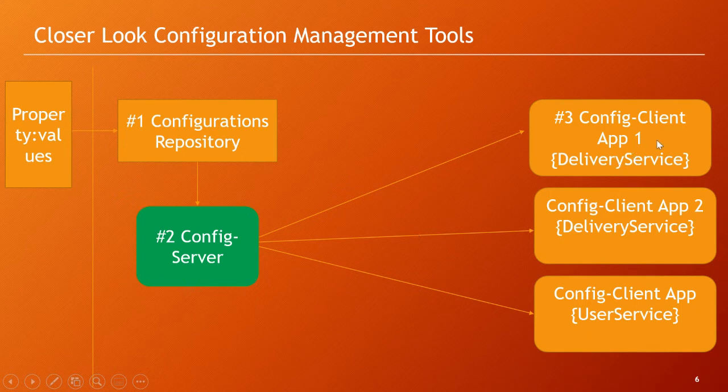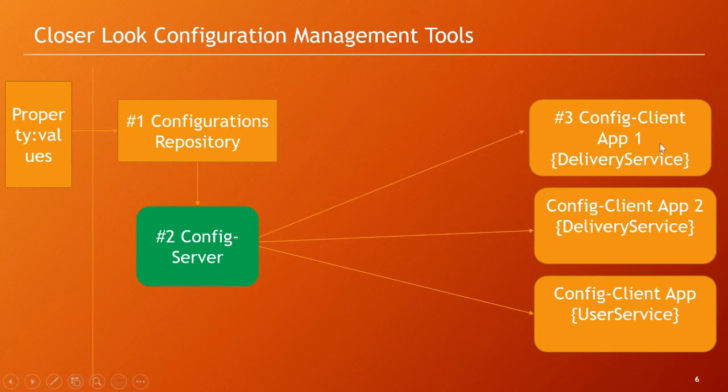Also, the config client application has to have some logic for pulling the property file from the config server. That has to be there. Everything is already provided by Cloud Config Server, or Spring Cloud Config Server. We already have a pre-built configuration server. We just have to use the annotation and it will give you a ready-made configuration server. And we have a client implementation also.